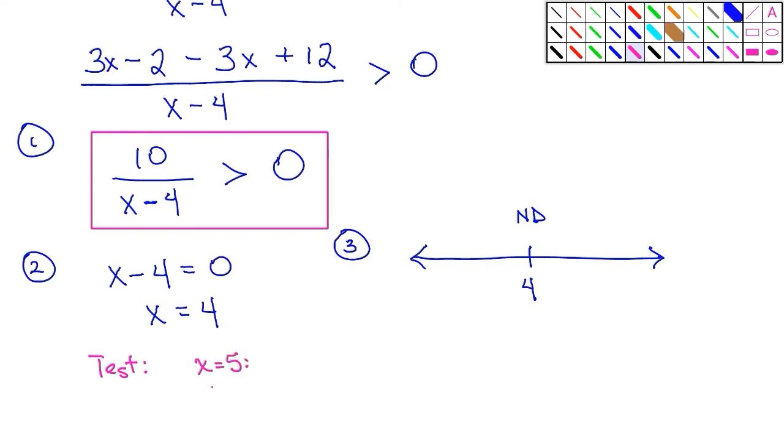And so that gives me 10 over 5 minus 4, which is 10, which is positive. So at x equals 5, we produce a positive. That is the positives for the interval from 4 to infinity. Because the multiplicity of x equals 4 was 1, it changes when we cross over x equals 4, so it changes to a negative.